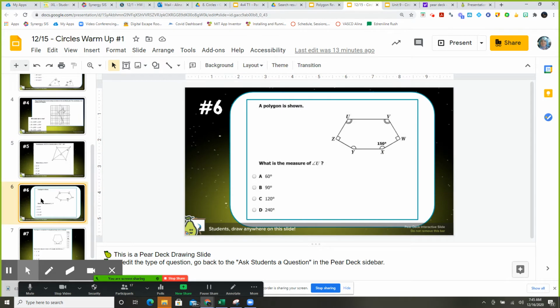Okay. How do I approach slide 6? What do I know about polygons and all of their interior angles? What was that formula that we did for interior angles? It had a 2 and some parentheses.